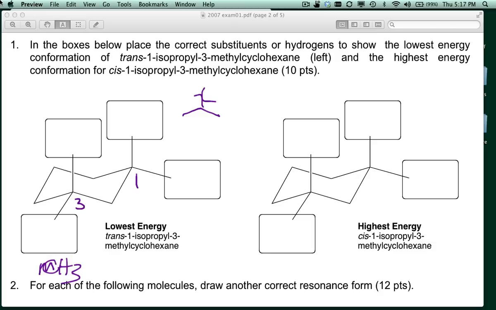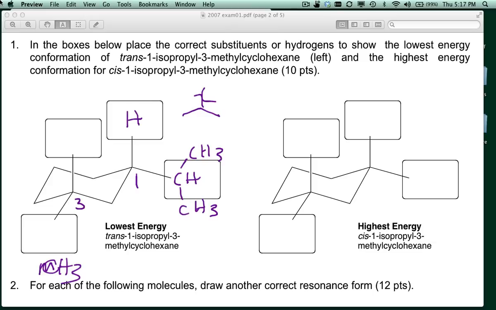The other empty position is going to be a hydrogen. So we want the isopropyl group in the lowest energy conformation to be equatorial. So that's equatorial. That means this one has to be hydrogen.